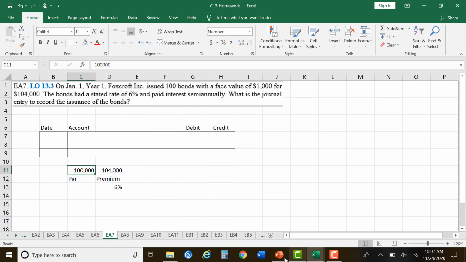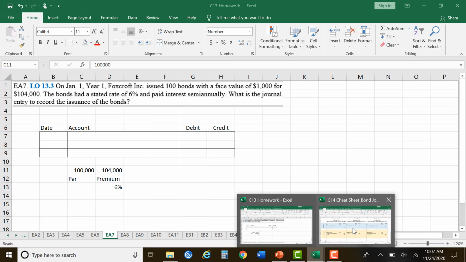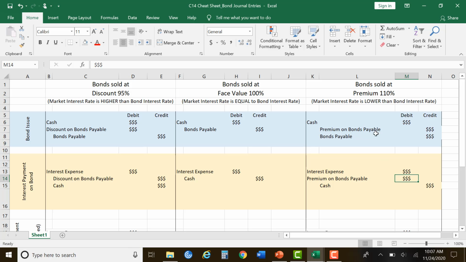So we're going to go to our bond cheat sheet, and we are going to look at bonds sold at a premium, so over 100,000. It just says 110% because it's an example. Market interest rate is lower than the bond interest rate. So our bond is selling at a higher interest rate than what the market is.